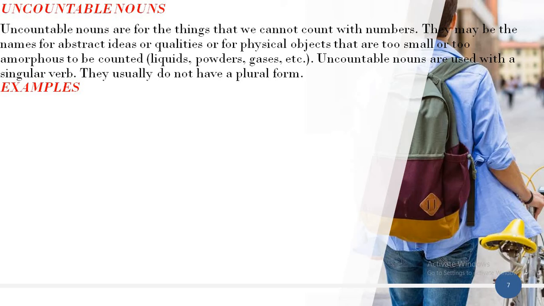uncountable nouns. Uncountable nouns are for the things that we cannot count with numbers. They may be the names of abstract ideas or qualities, or of physical objects that are too small or too amorphous to be counted, like liquids, powders, gases, etc. Uncountable nouns are used with a singular verb.